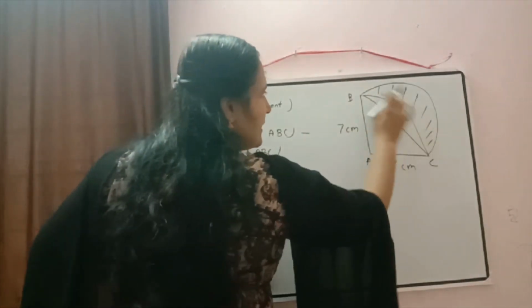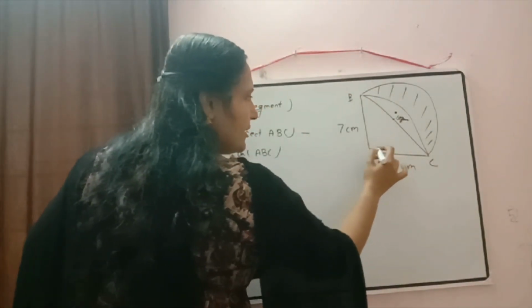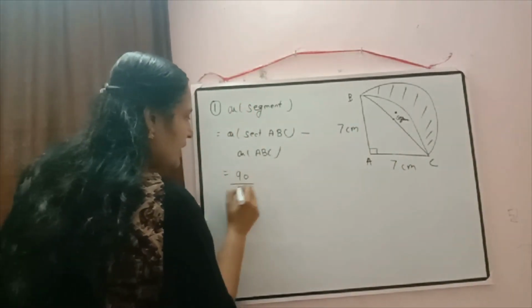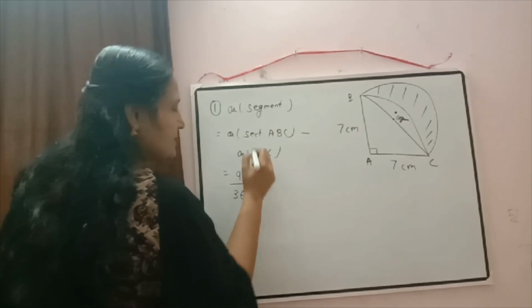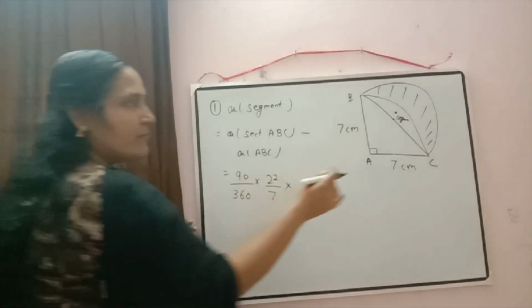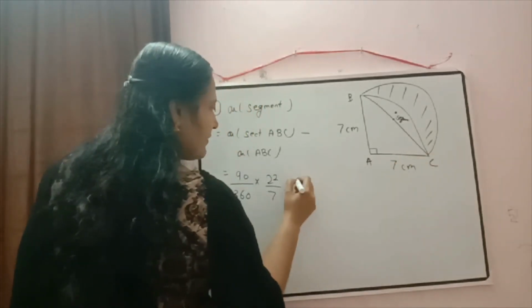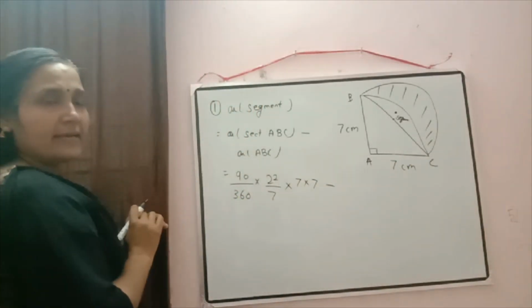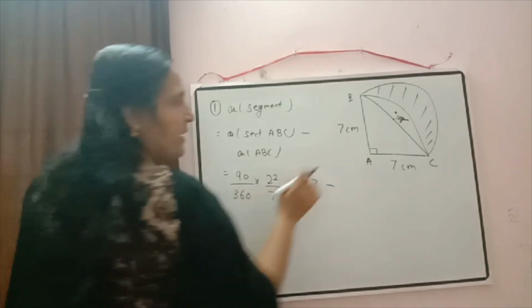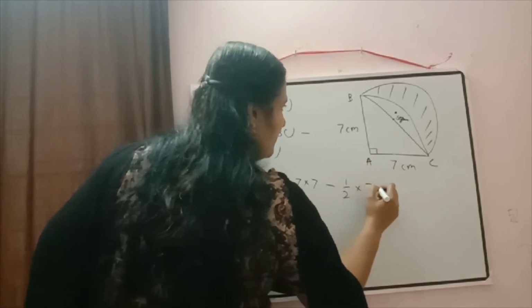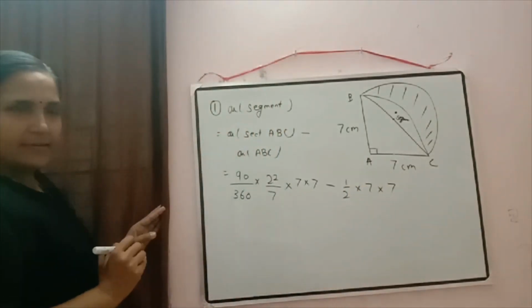Sector ABC: since it is a quadrant, the angle is equal to 90 degrees. So we can write 90 by 360 into pi, so 22 by 7 into radius 7, 7 into 7, minus area of triangle ABC. The formula is half into base into height.